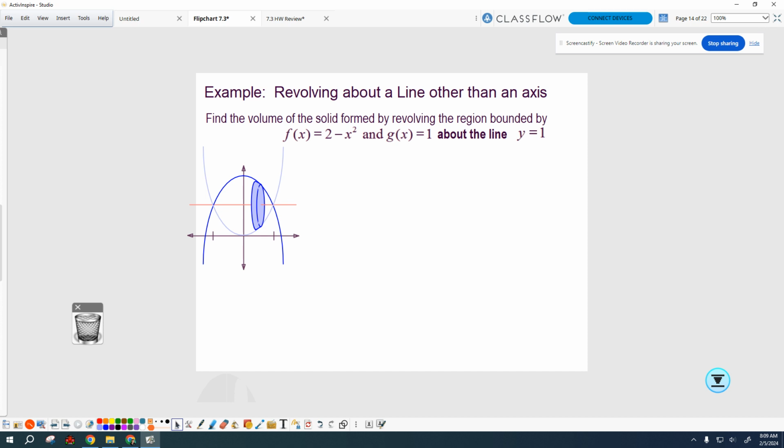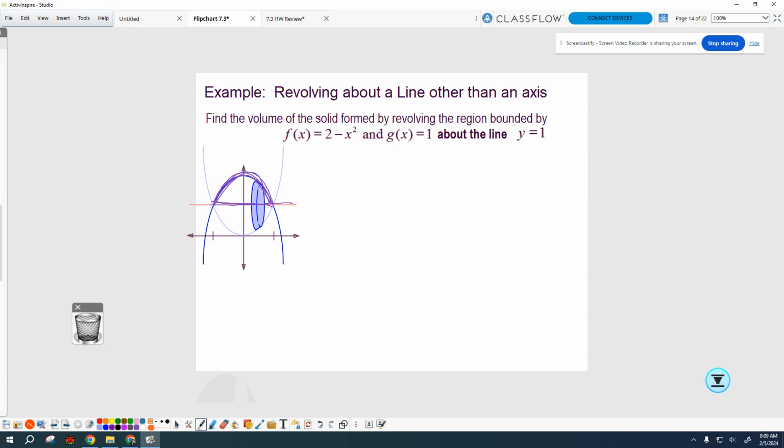There's an issue. This is floating in the air. So find the volume of the solid formed by revolving 2 minus x squared, and y equals 1.